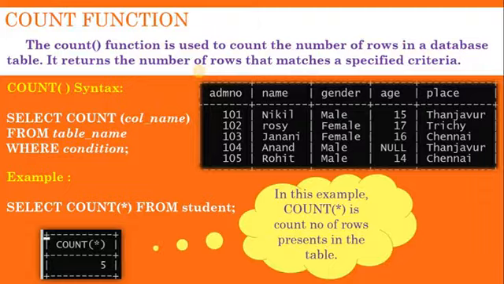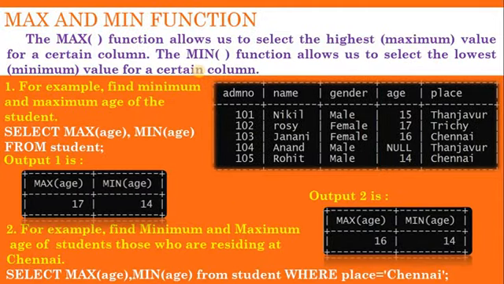Okay, the next one, the minimum and maximum functions. The max function allows us to select the highest value from a certain column. It is used to find the maximum value from the given column. And the min function allows us to select the lowest value from a certain column.